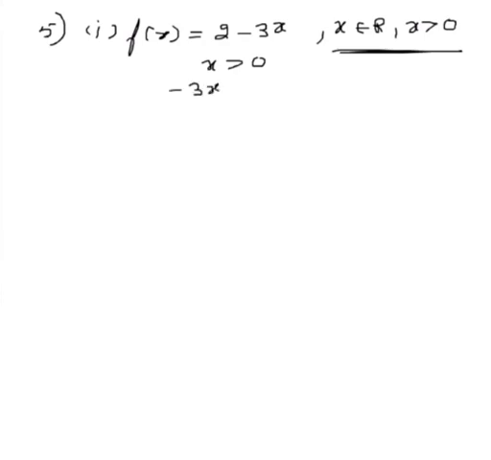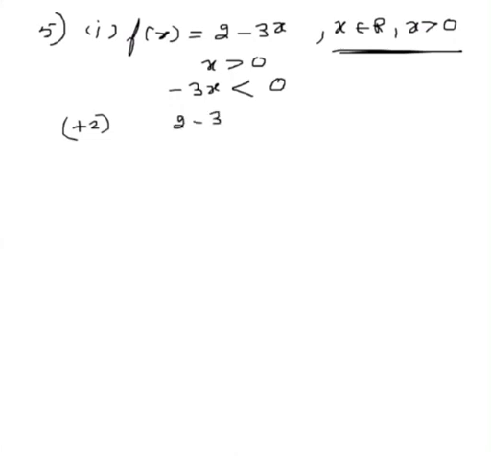Minus 3x. If I multiply both sides by minus 3, 0 into minus 3 is 0. Since I am multiplying by a negative value, I have to reverse the inequality. Remember, if I divide or multiply by a negative number on both sides of an inequality, I have to reverse the inequality, so it becomes less than. Now let us add 2 on both sides.